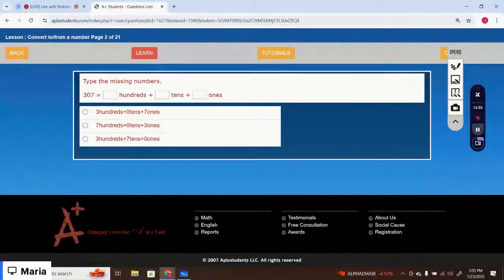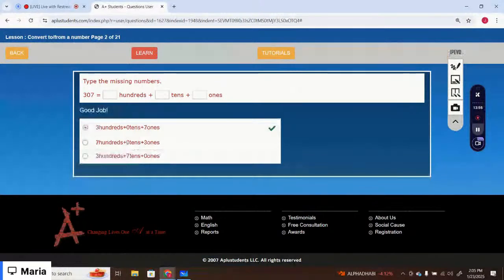Type the missing number 307. So which is the correct option? That is 300s, 0 tens and 7 ones. Very good. Option number 1 is the correct option.